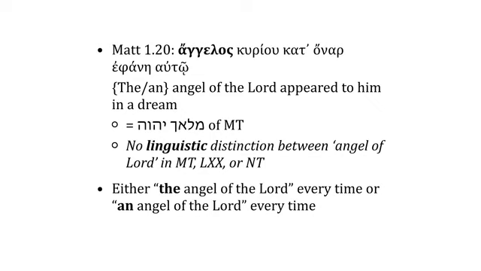But Malach Yahweh, in most English translations for the Old Testament, is almost always, if not always, translated as the angel of the Lord. The Septuagint picks that up and emulates exactly what the Hebrew does. It has angelos kuriou. The only time you have the article is if it's anaphoric.